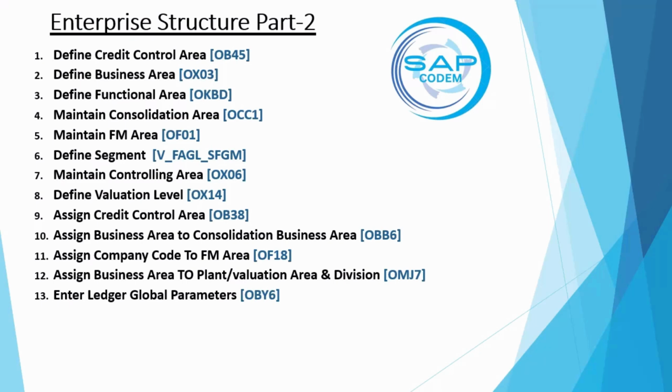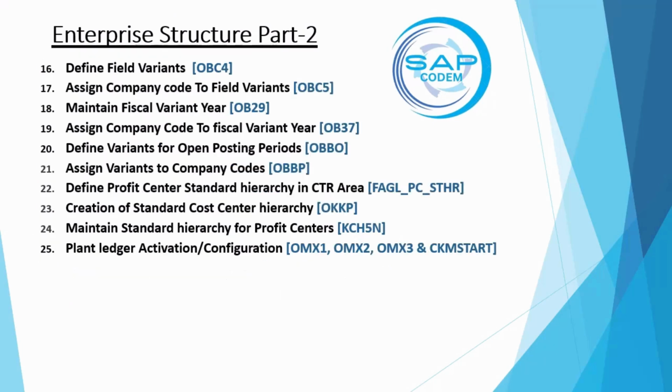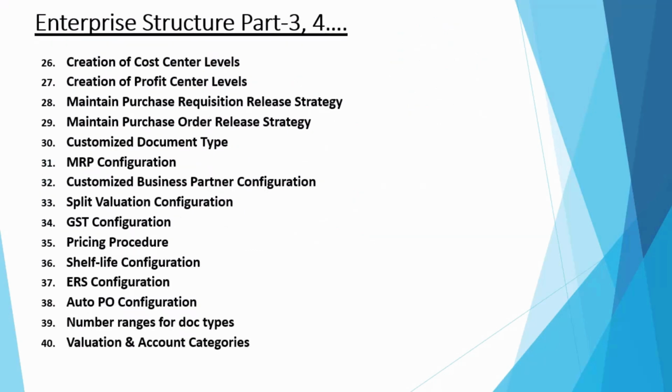There is a lot of configuration you need to do if you want to run the P2P transaction without any errors, or with the least errors, I could say. Okay. Then assign business area. These are the T codes for the part 2 configuration. Items 1 to 25 we'll be doing in enterprise structure part 2. We'll do all this configuration one by one. Then in part 3 you'll have creation of cost center levels and creation of profit centers.